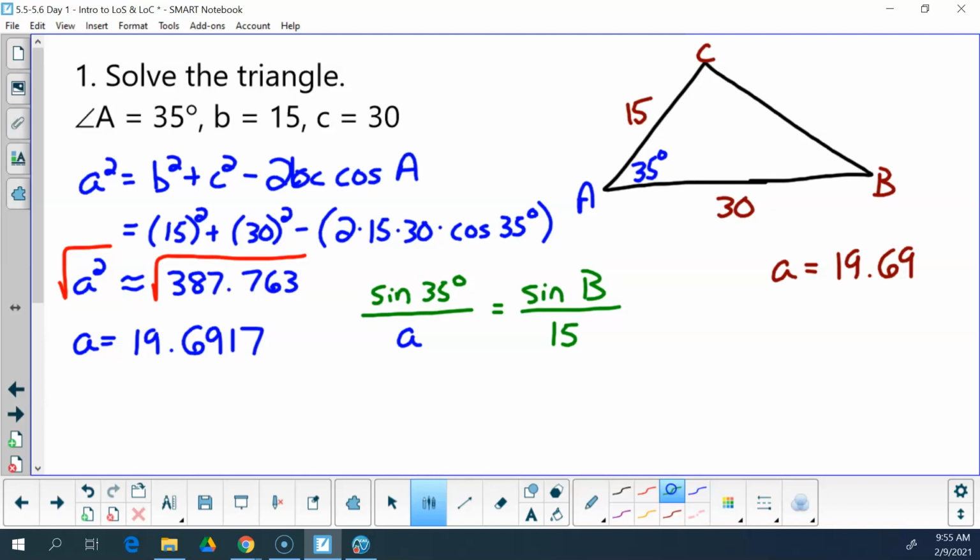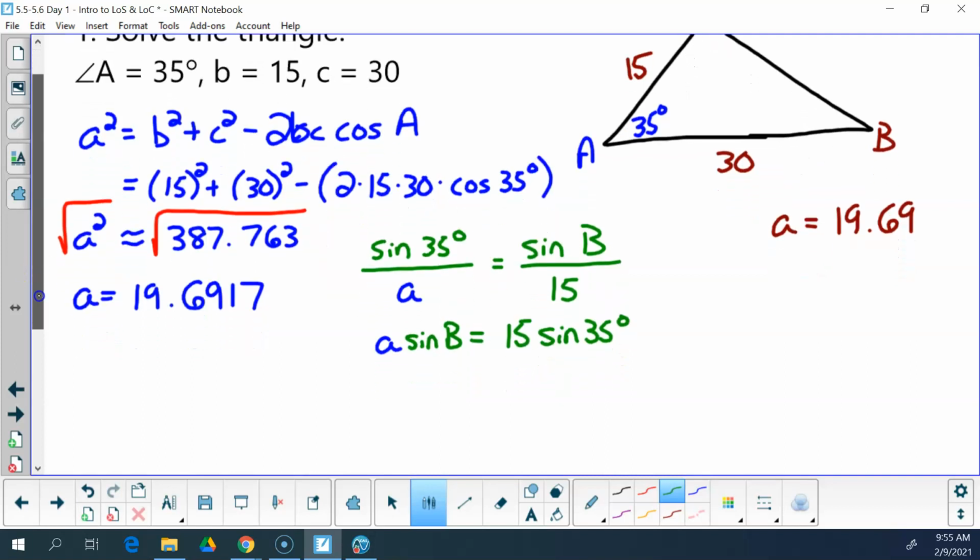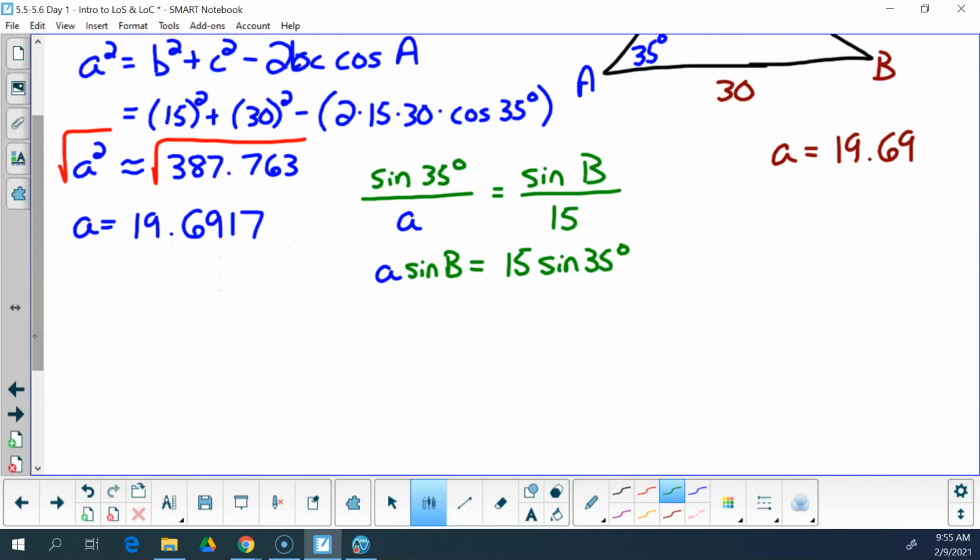So A times the sine of angle B is going to equal 15 times the sine of 35 degrees. I'm solving for angle B here.